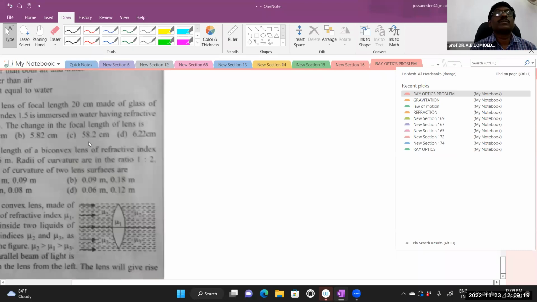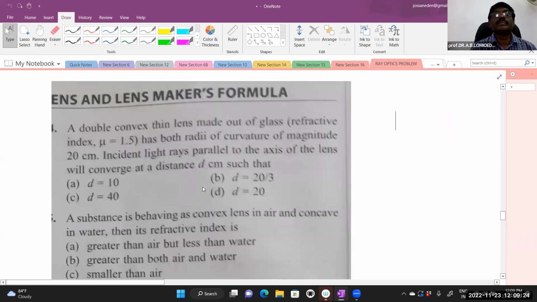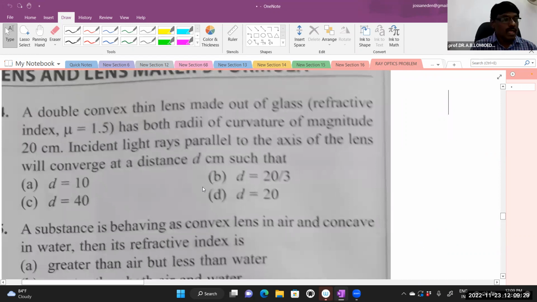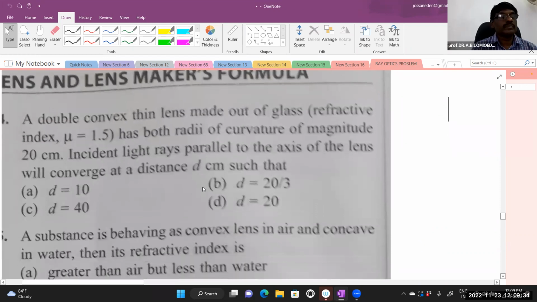Students, kindly see this problem. A double convex thin lens made of glass, the refractive index is 1.5, has both radii of curvature of magnitude 20 centimeter.